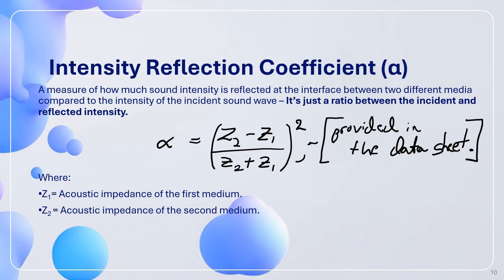So it is a ratio of the incident intensity and the reflected intensity. A high value shows that most of the beam is going to be reflected, right?